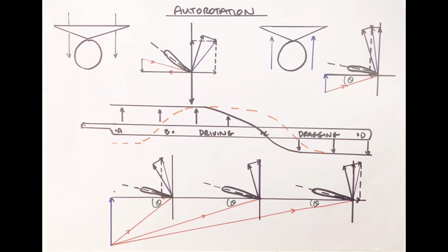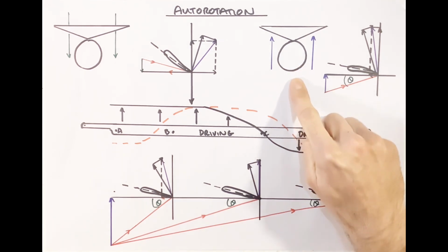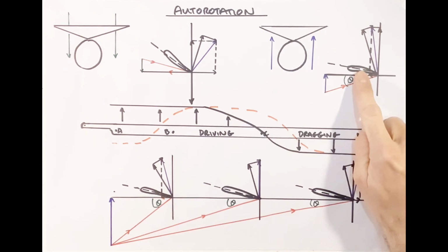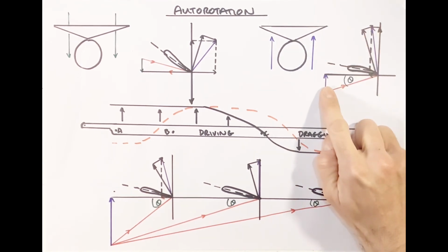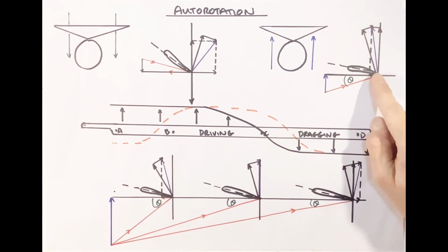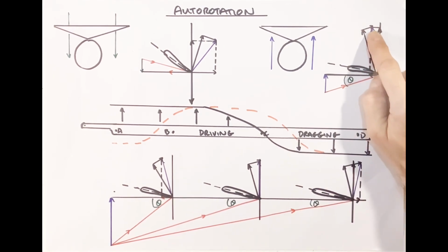What are the other things we need to look at? So weight, that's another thing that can affect your auto rotation. If the weight of the aircraft has changed, we could get a faster or slower rate of descent. Why is that? Well, we talked about it before. When we start to go downwards, once we've lost our engines and we've feathered the blades, the aircraft is going to drop downwards faster and faster until it hits a rate of descent flow which is big enough to create an inflow angle, which is big enough to create a total reaction force, which is big enough to create a total rotor thrust to match the weight of the aircraft.